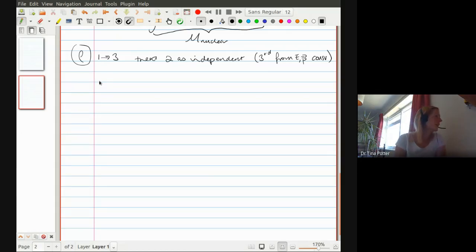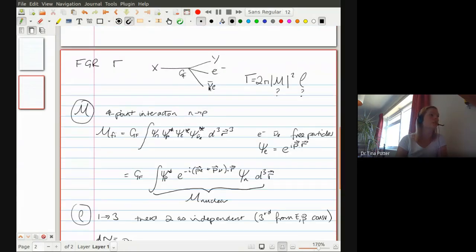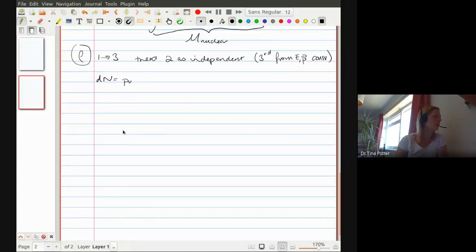Sorry about this. Our density of final states, dn, the number of final states that we can have, depends on, what I'm going to do is our two independent particles. I'm going to have a look at the electron and the neutrino here and assume that we can find, and of course we can find, the energy of that daughter nucleus by energy and momentum conservation.